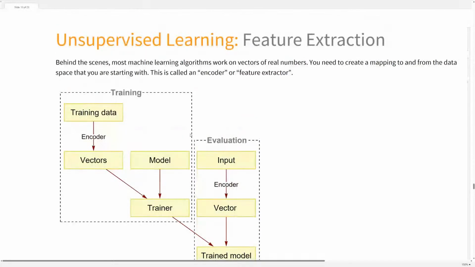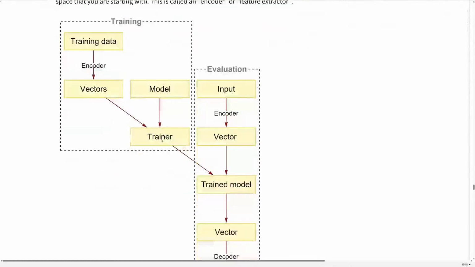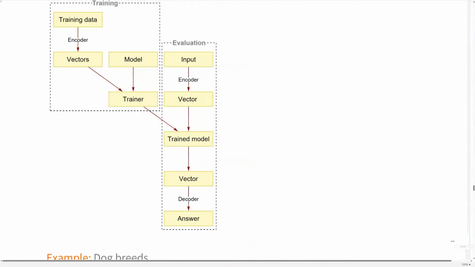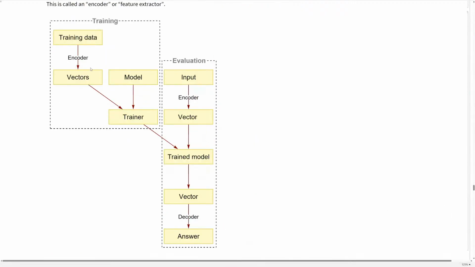So here we're showing a basic map of how the training is working. First of all, we have this training data, and then we put it into this encoder, so it becomes some vectors.